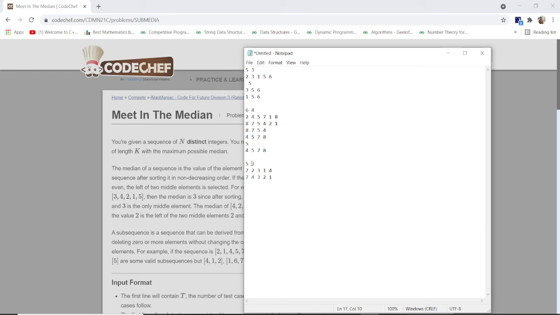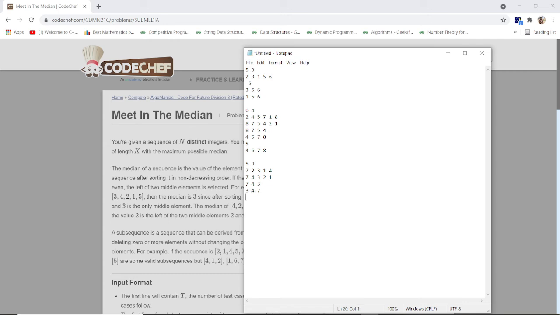As the length of the subsequence is 3, I take the first 3 values because they are the maximum. So that is why it becomes 7, 4 and 3. If I reverse them, it will be 3, 4 and 7. What is the median value here? 4, because it lies between 3 and 7. That is why it is the median and it is maximum. So I hope you guys get the point.